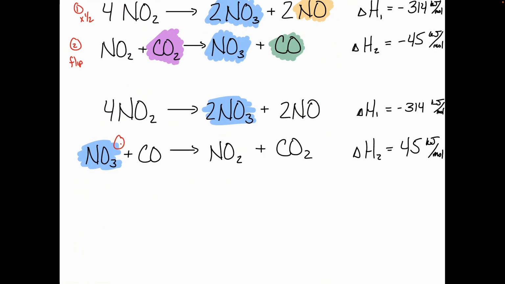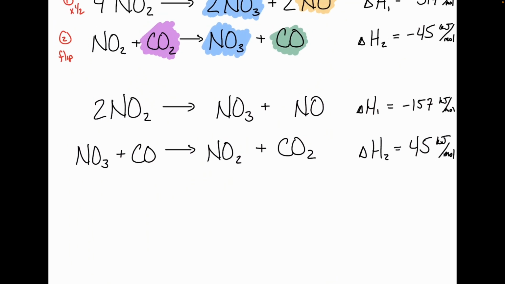So that means I have 2 NO2s and 1 NO3 and 1 NO. And what am I going to have to do to my enthalpy as well? Divide it by 2, multiply it by 1/2. So negative 157 kilojoules per mole.